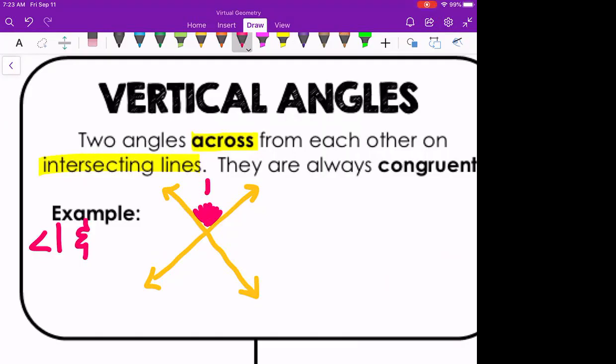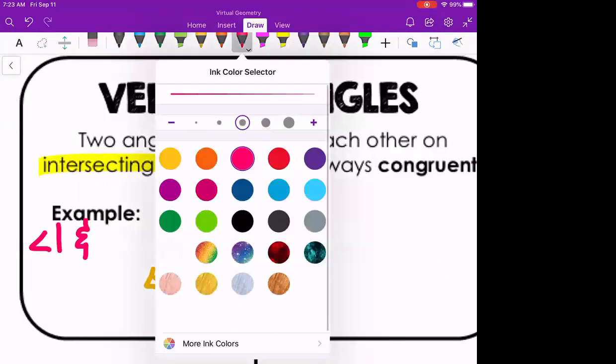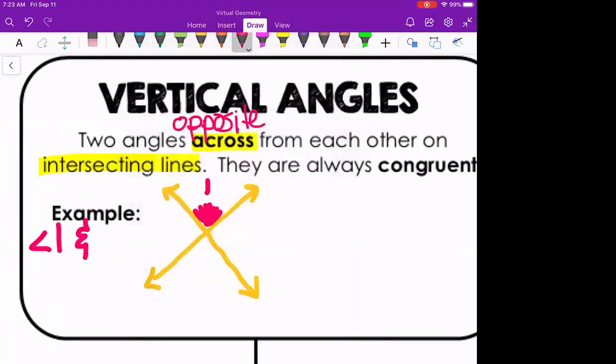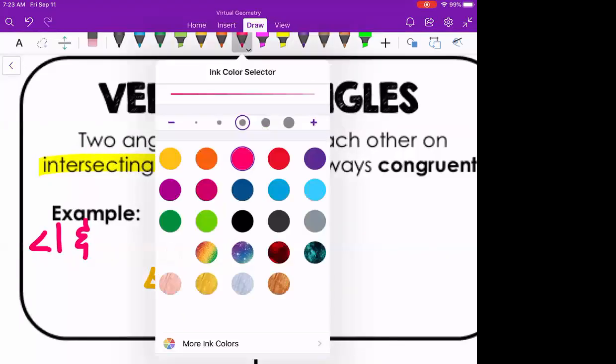Now, think about the idea of across as opposite. So if angle 1 is exactly in the top position of these four spaces that are here, I need the angle that is in the opposite position of top, which is the bottom. And so we'll call that one angle 2.